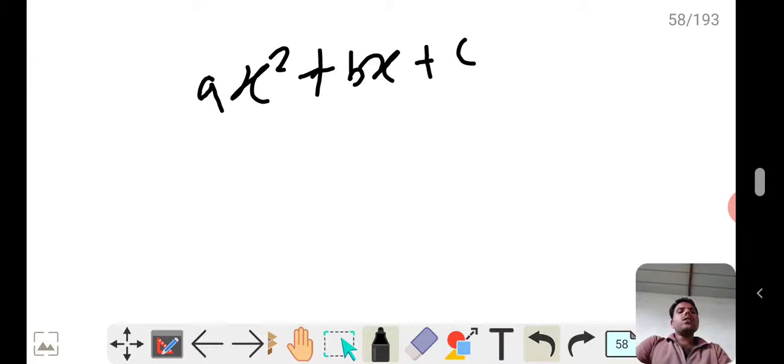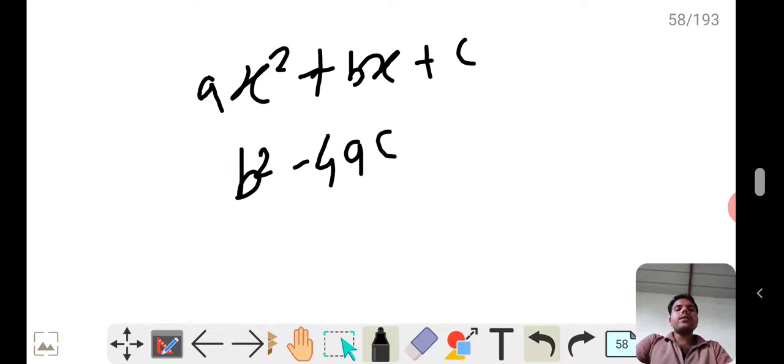In this formula, if we calculate the value of b square minus 4ac, then this value is called the delta. Here delta is the Greek letter, and this value is called the discriminant value. By knowing this value we can easily determine the nature of the roots of quadratic equation.